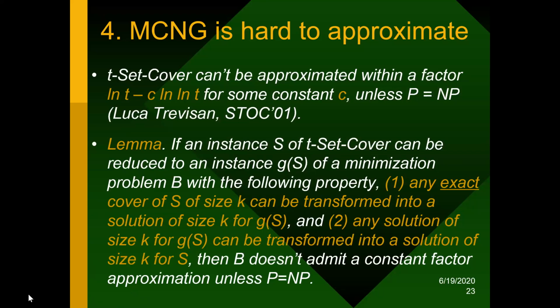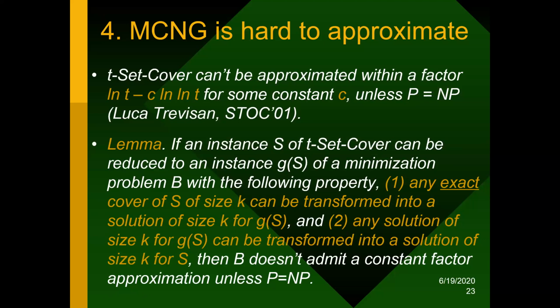If an instance S of T set cover can be reduced to an instance GS of some minimization problem B with the following properties, then B does not admit a constant factor approximation. First, any exact cover of S of size K can be transformed into a solution of size K for GS for problem B. Second, a solution of size K for GS for problem B can be transformed back into a solution for the T set cover. So this is the generic lemma.